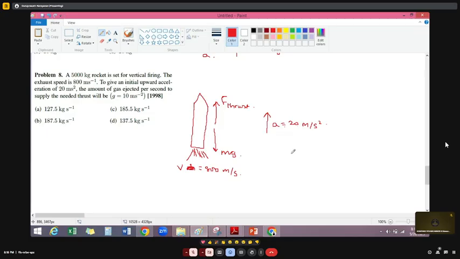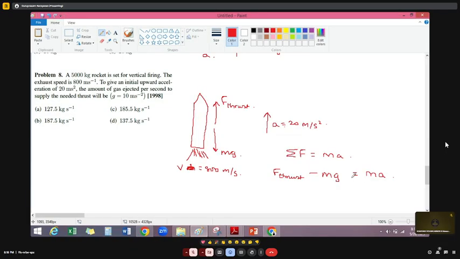So as usual, as I told you, I will always use a simple formula, which is sigma F equals ma. F thrust minus mg is equal to ma. Since this is upwards, this will be positive. Sometimes, in pulley problems, when it is downwards, you will get a minus ma here.